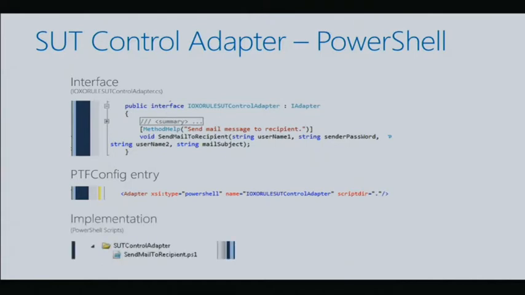And here is where your implementation will go. Each method in the interface will have its own PowerShell script. So whenever a test case calls this interface method, the PTF will make sure that it executes this PowerShell script in order to do some tasks. So this is how a PowerShell SUT control adapter is implemented.